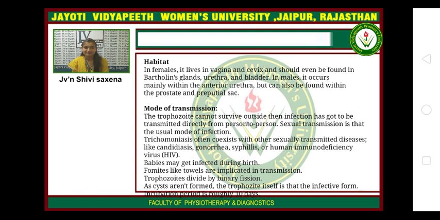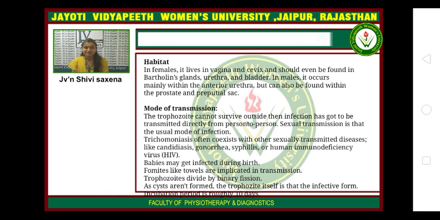Mode of transmission. The trophozoite cannot survive outside, so infection has to be transmitted directly from person to person. Sexual transmission is the usual mode of infection. Trichomoniasis often coexists with other sexually transmitted diseases like candidiasis, gonorrhea, syphilis, or human immunodeficiency virus.